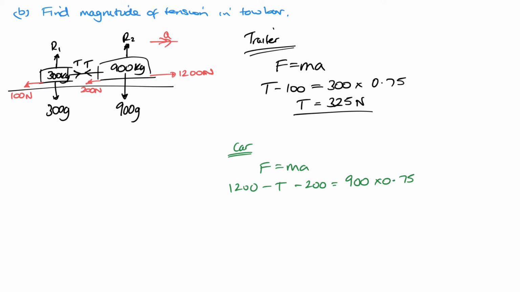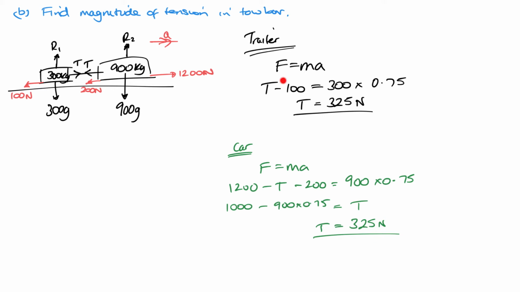So you can see here we would have T, if I take T to the left, and then take T to the right, and then on the left we got 1,000 minus 900 times 0.75, and that gives me my 325 newtons.